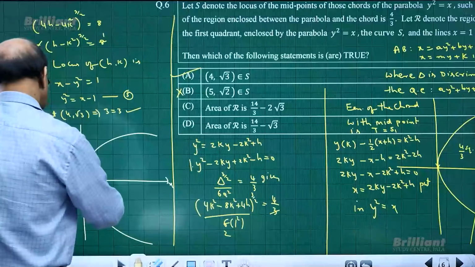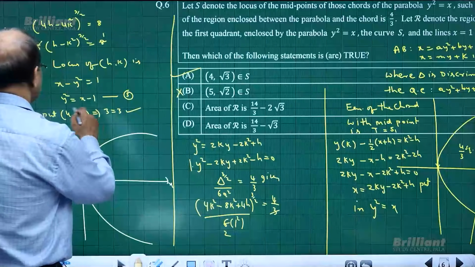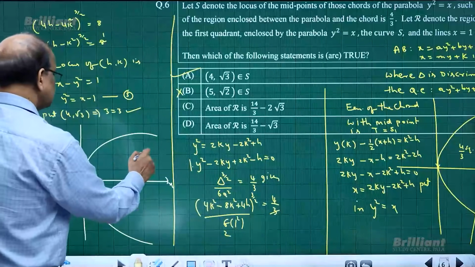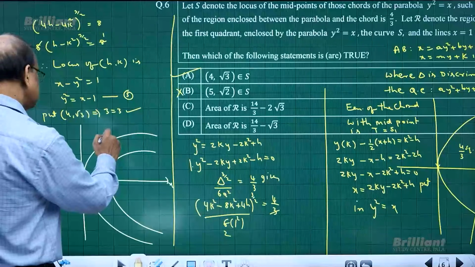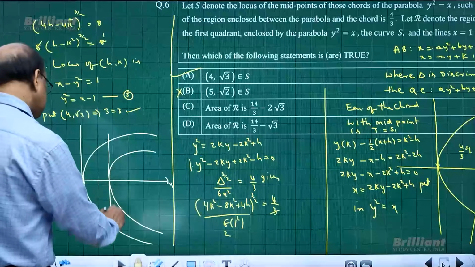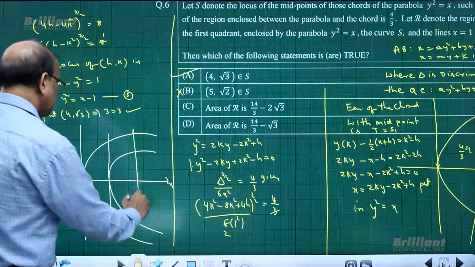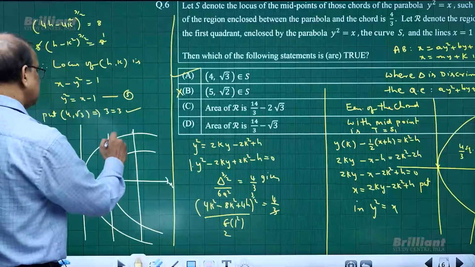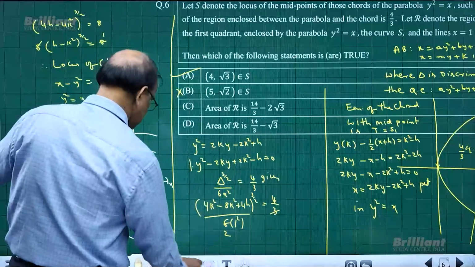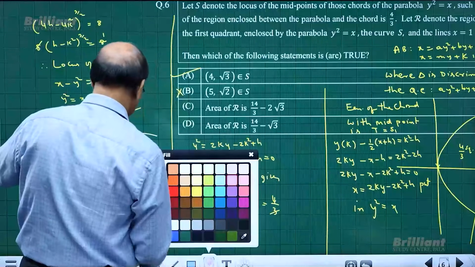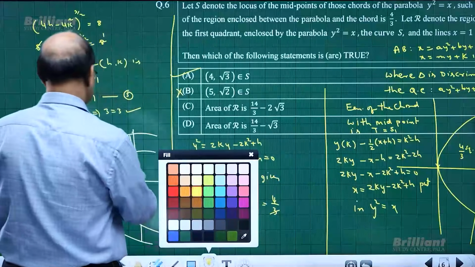And this parabola S, its vertex is 1, 0. Okay, x equal to 1 means this is the x equal to 1 line, and the x equal to 4 line. So this area we can take here.